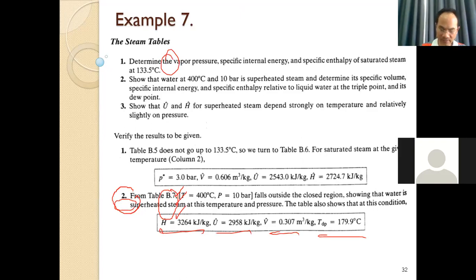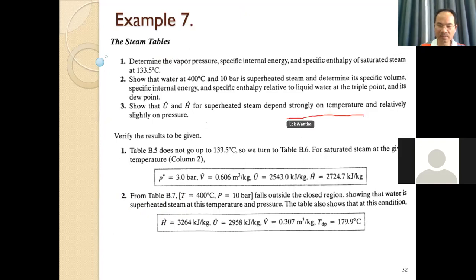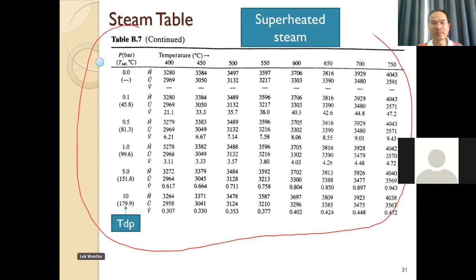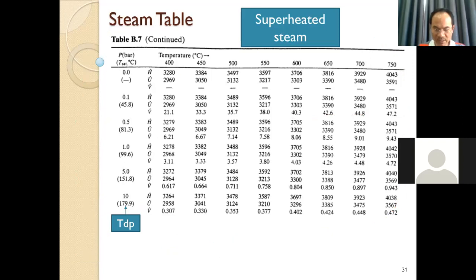Okay, and the last question. Show that U and S strongly depend on temperature, but slightly depend on pressure. For superheated steam, I will check. Okay, this table is a superheated table. If we check the enthalpy when 400, 450, 500, you can see that the enthalpy changes strongly.